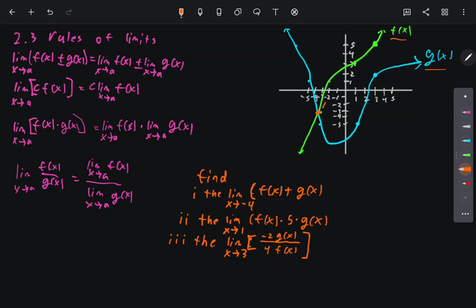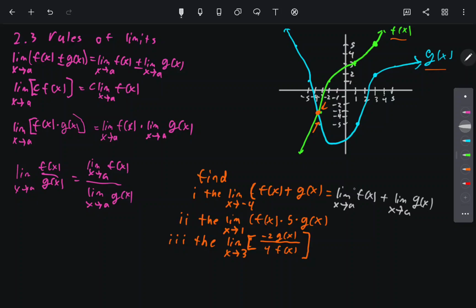Let's see, yeah, it approaches -3, and g of x also approaches -3. So we're quickly just breaking down this limit to make it a bit easier, and we are going to use white to work this. The limit as x approaches a of f of x plus the limit as x approaches a of g of x.